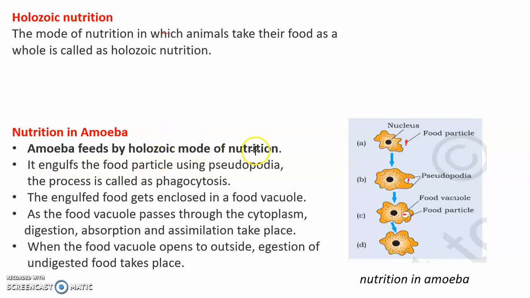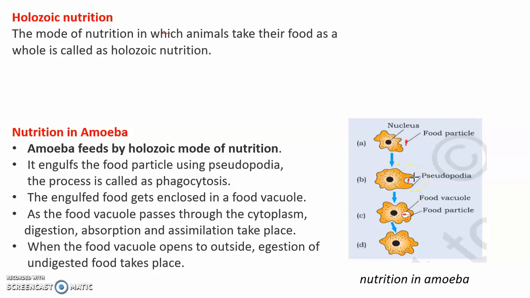So how does it take the nutrition? See in this diagram, amoeba is there, nucleus is there, and one food particle is there. The temporary finger-like structures are called pseudopodia.